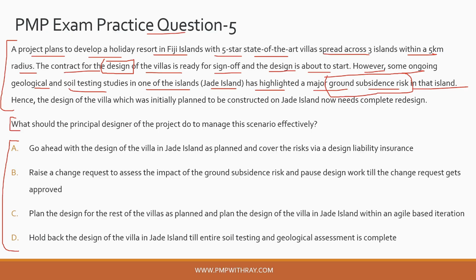Okay, and that might cause some minor damages, which is like cracks or dents in the building, or in a more extreme scenario, it can cause an entire building to collapse. Okay, hence the design of the villa, which was initially planned to be constructed on Jade Island, now needs complete redesign.